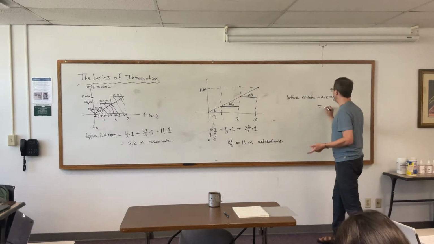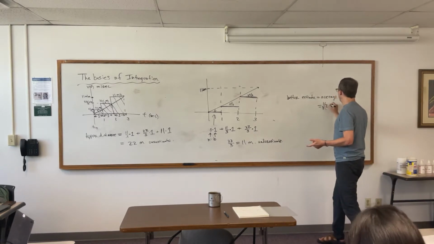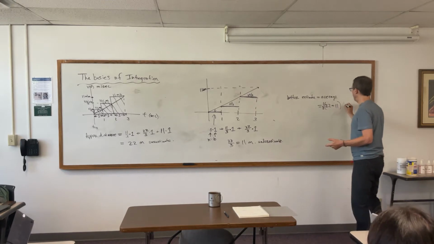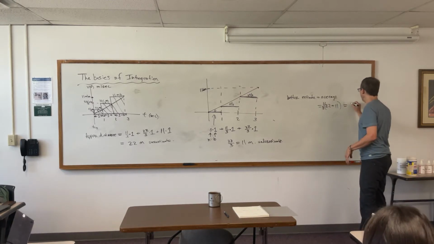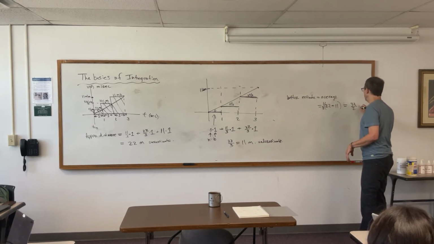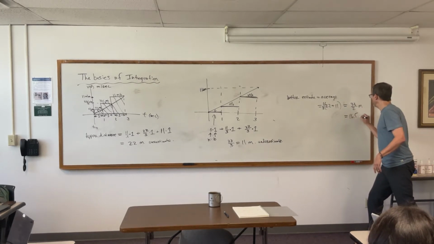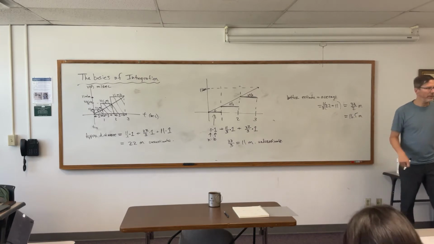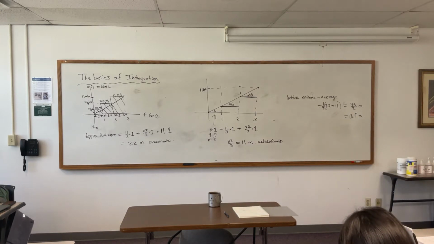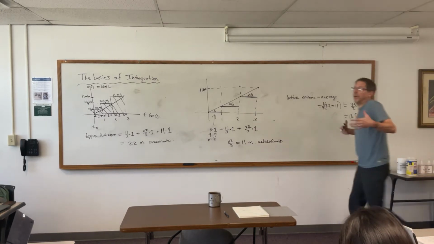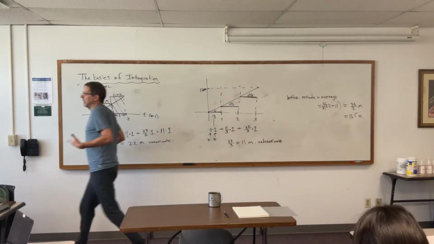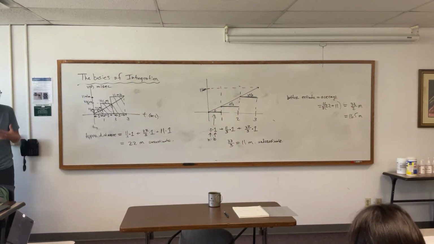Two terrible estimates, but it's 1/2 of 22 plus 11, 33 halves meters, which is 16.5 meters. Okay, that's one way to get a better sense of what's happening. It feels right, but we don't know that it's right.